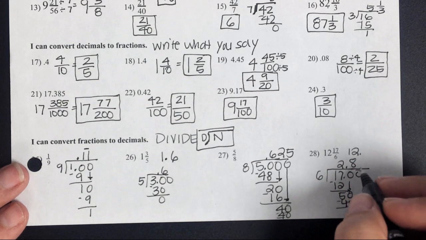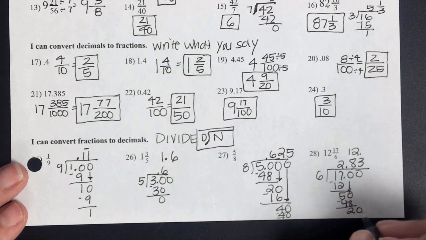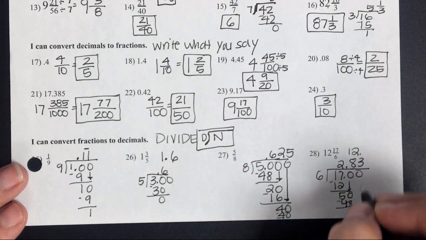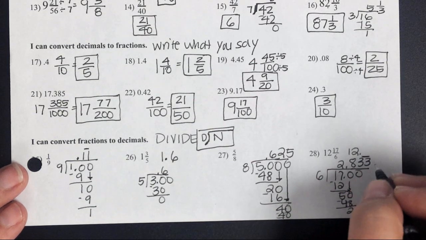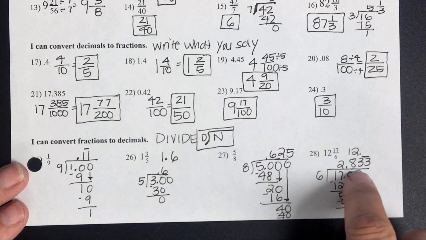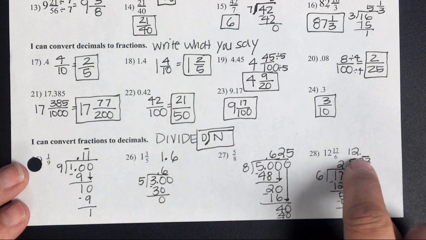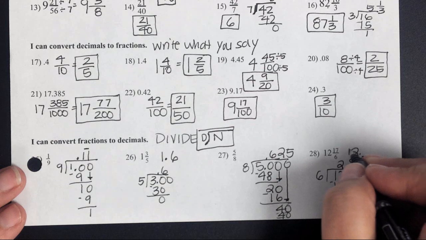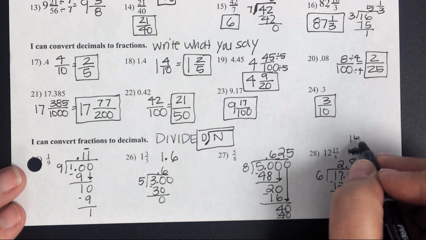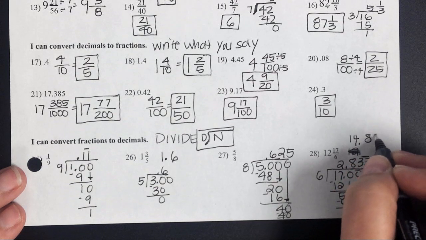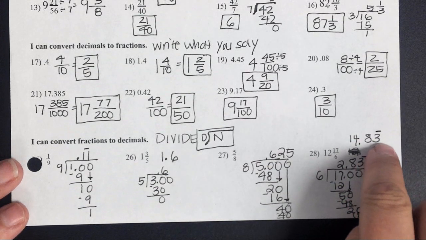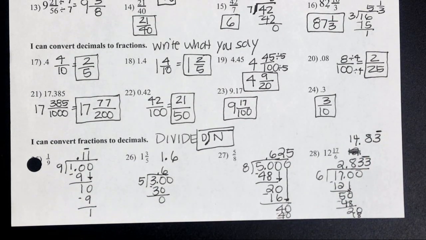Bring a 0 down. 6 goes into 23 times. That's 18. And the 3's will be repeating. Now, we have 2 and 833 thousandths. We need to add that to the 12 we already have. So that would give us 14 and 83. Let's just stop right there. We don't have to add the extra 3 because we're putting the repeating sign over that 3.